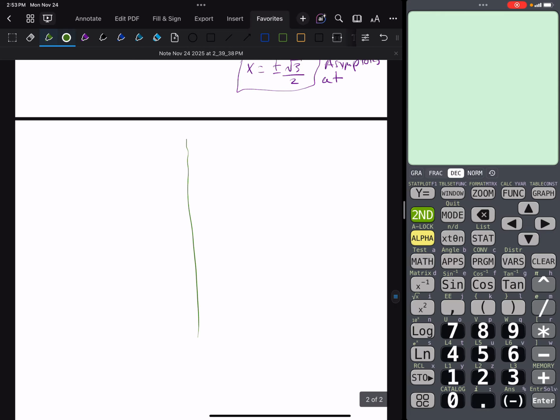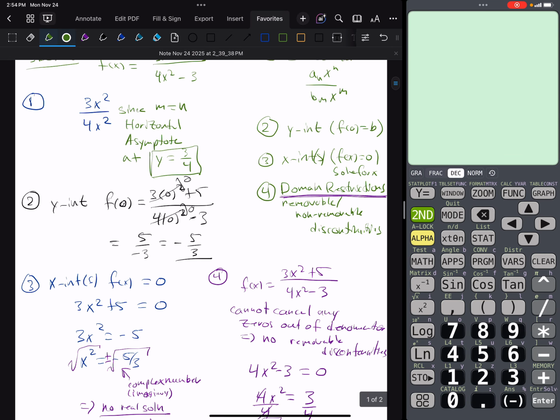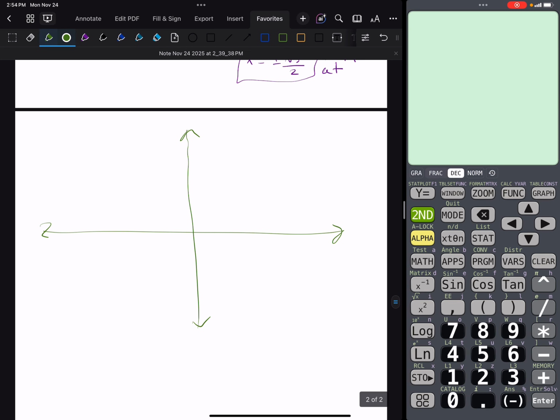And so if I've got my sketch here, what do I have? I have that my end behavior is a horizontal asymptote at y equals 3/4. And so I'm just going to put a dot in or a line in there for 1, and then somewhere around 3/4, I'm going to dot in a horizontal line. Okay?